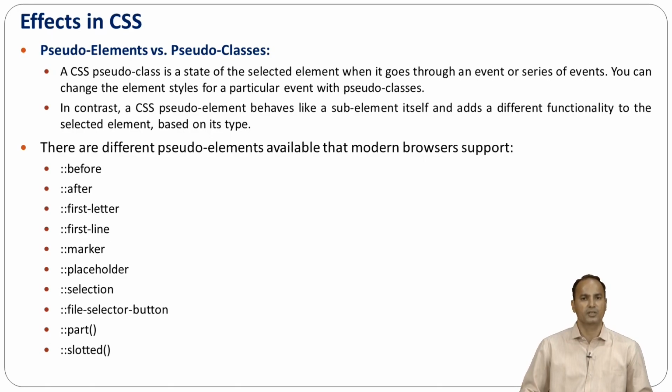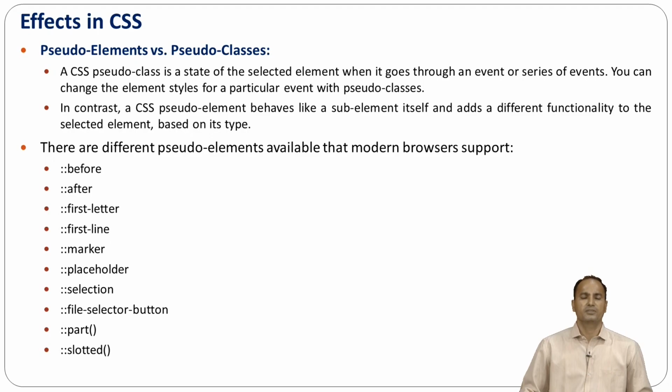In contrast, a CSS pseudo element behaves like a sub element itself and adds a different functionality to the selected element based on its type. So this is the little difference between pseudo classes and pseudo elements.